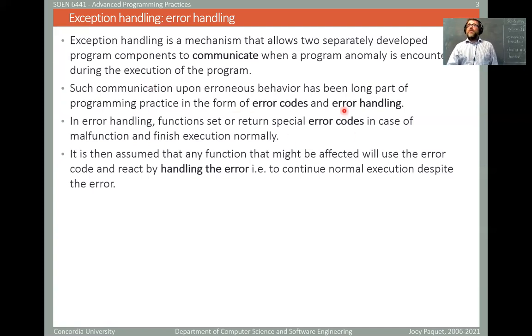So before we had exceptions, there were what were called error codes or error handling in existence, because you can imagine, in order to solve this problem, you just create a variable that is going to contain the error code, and then you make it so that this variable is readable by another piece of code in your implementation.